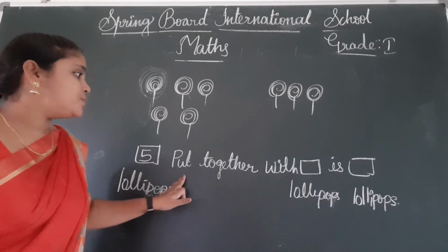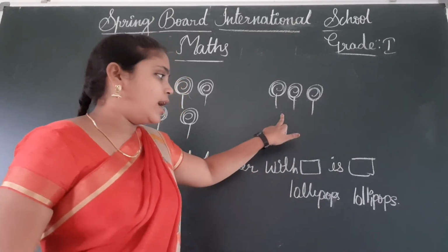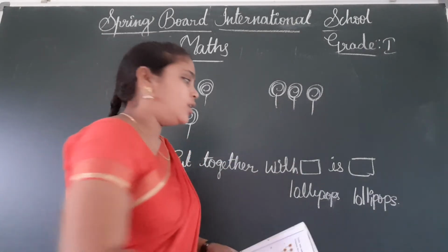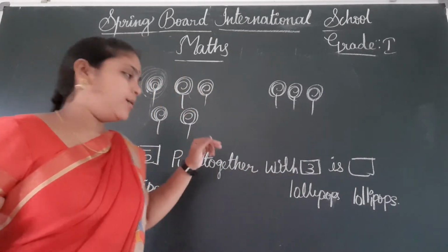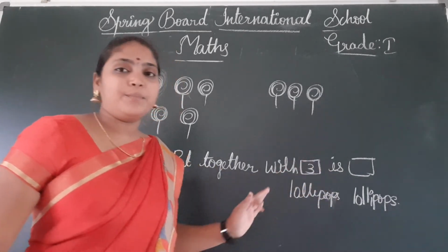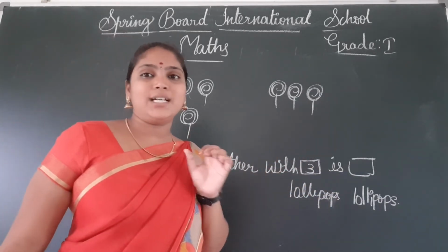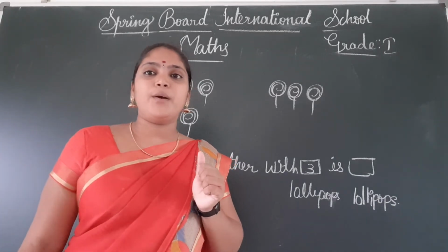5 lollipops put together with, how many lollipops here? 1, 2, 3. Here 5 lollipops and here 3 lollipops. 5 lollipops put together with 3 lollipops is, here you have to write the total number of lollipops. How to get the total number of lollipops, children?